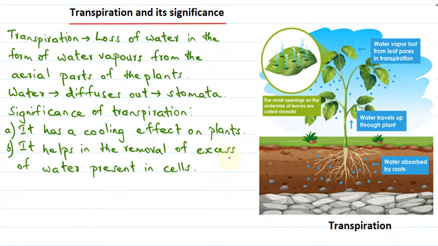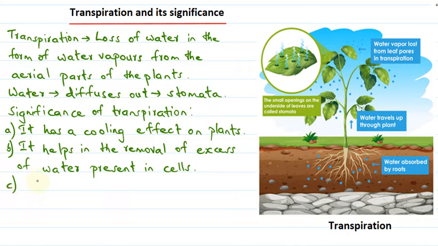So we had already discussed that some part of the water that is transported from the roots to the leaves is utilized in the process of photosynthesis, and the rest of the water is released out to the environment. So it helps in the removal of excess of water present in the cells, that is in the plant cells.